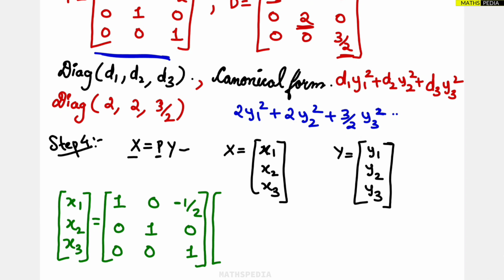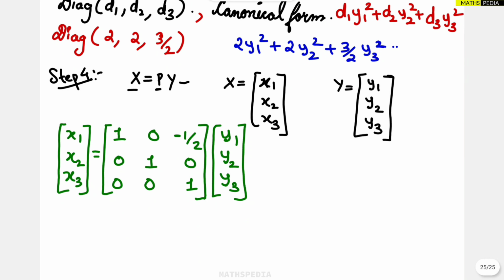So X is equal to PY, I can write. Now what is the Y matrix? Just now I wrote y1, y2, y3. Now using this I can multiply these two. This particular row can be multiplied with this column, which is equal to x1. So x1 is equal to the first row into this column, that will become 1 into y1, so y1, 0 into y2, minus 1 by 2 into y3.